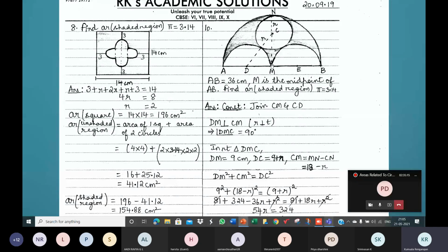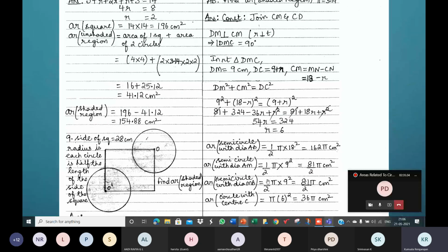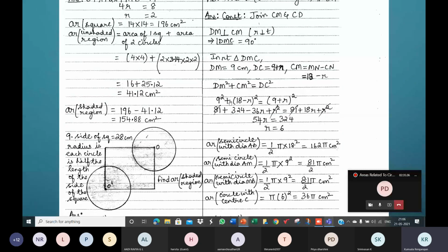DM is 9 centimeters, MC is 18 minus R, and DC is 9 plus R. Having got these expressions for the sides, now use Pythagoras theorem. Write out the rule, substitute, and then you get R is 6.